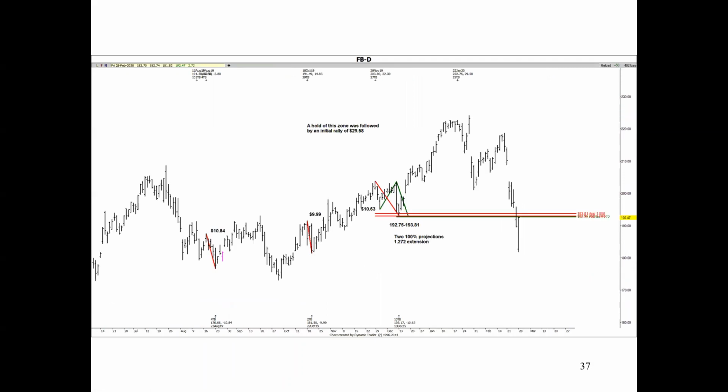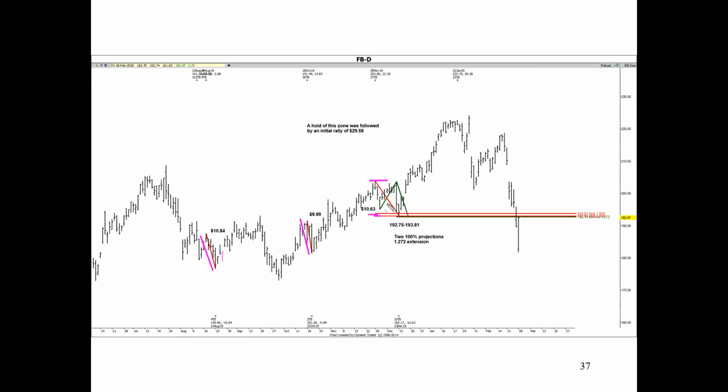I have an example on Facebook, the daily chart. This is, again, using symmetry. This is where I took some prior high to low swings and then projected them. And I would have done all of them. I'm just showing you the ones that gave us this particular low. You had a couple of projections from that last high.